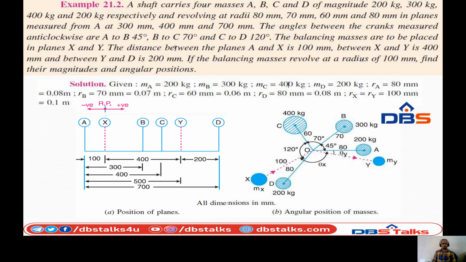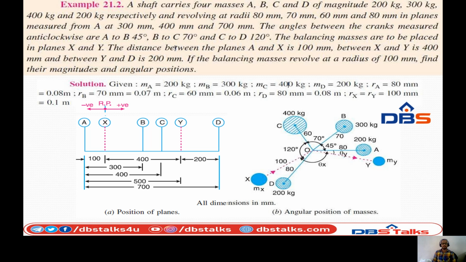The plane we choose as the reference plane, to the left of that is negative and to the right of that is positive. So if you consider Y as the reference plane, then how many negatives will be there on the left side of Y? A is there, X is there, B is there, C is there.